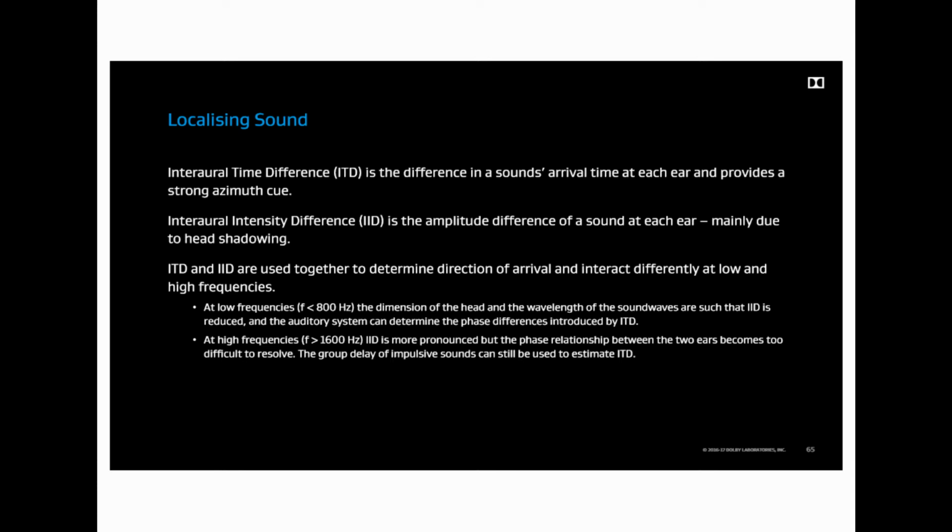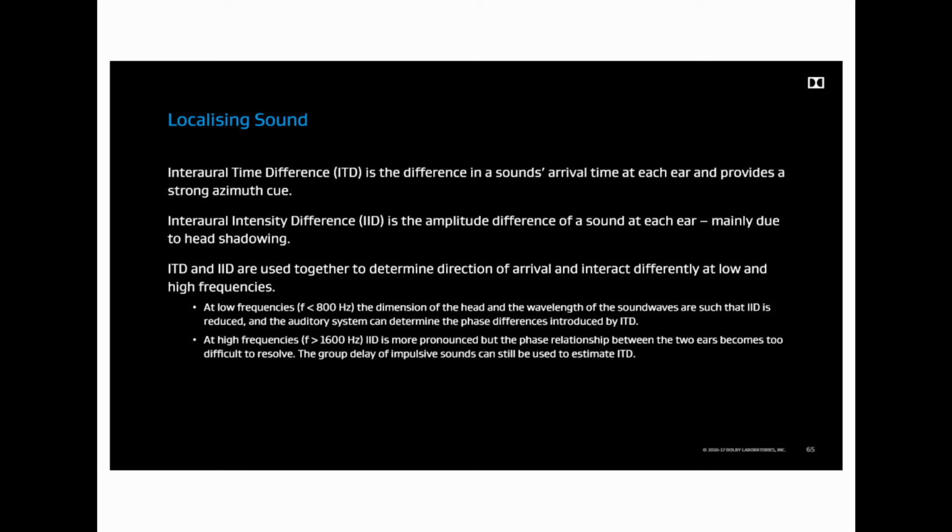Together, ITD and IID are used to determine the direction, and they act differently depending on whether we're talking about low frequencies or high frequencies. Low frequencies have larger wavelengths relative to the dimension of your head, such that there's not a big difference with IID. And at high frequencies, you're kind of more tuned to looking at intensity difference than time difference.